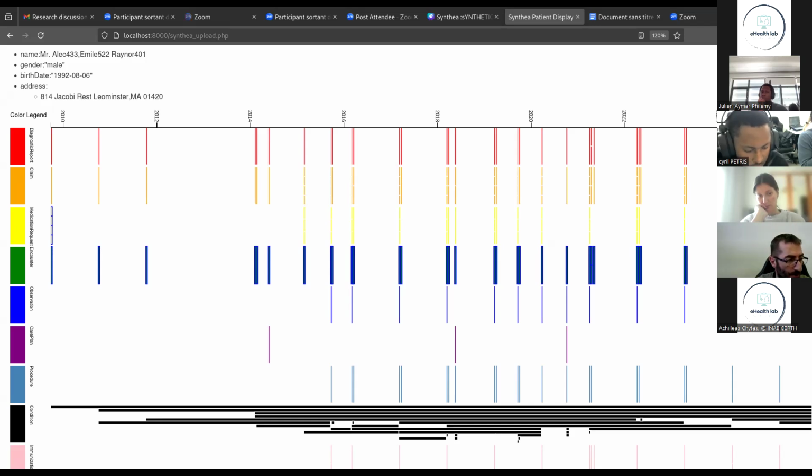I have some questions. If I understand correctly, one of the first slides that you showed us, there are modules, there are demographics. So the modules are the diseases.